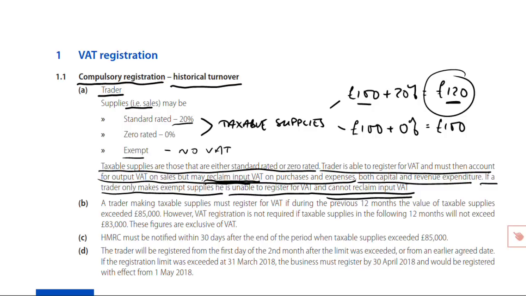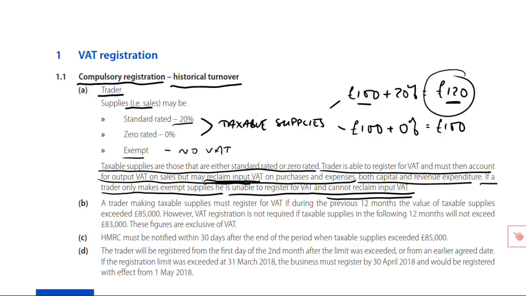But we only have to pay over the excess of the output VAT over the input VAT that we have suffered on purchases and expenses, whether those purchases are either capital or revenue expenditure in nature. If we are making taxable supplies, we can reclaim that input VAT. So we'll only end up paying over to HMRC the amount by which output VAT exceeds input VAT.